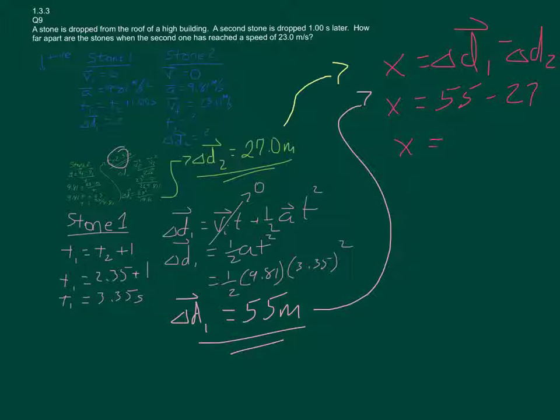X equals 28 meters. Question is complete. So you can say, therefore, when the second stone has reached a velocity of 23 meters per second, the two stones are 28 meters apart, falling.